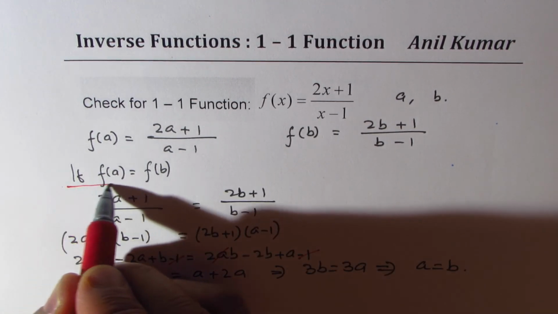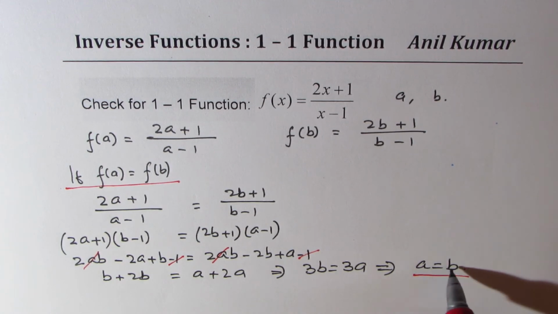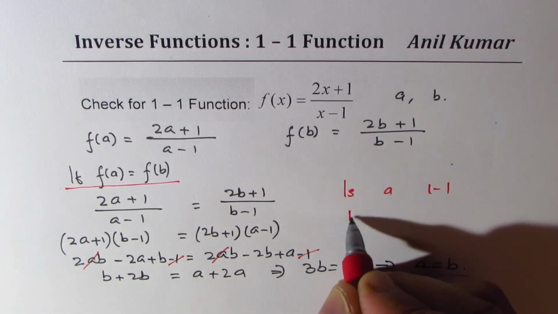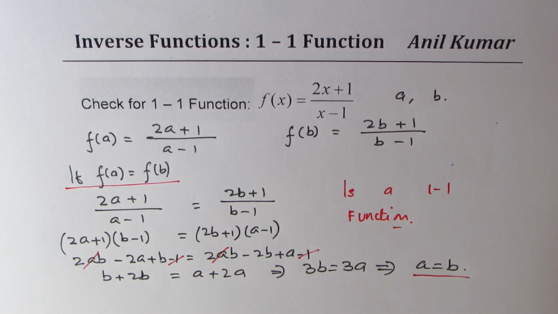So if f of a equals f of b, then for all a's and b's, a equals b. That means this is a one-to-one function. Is that clear? Right. So this is one of the very important examples to prove that the given function is one-to-one, correct? You will also graph and see whether it is always increasing or decreasing.